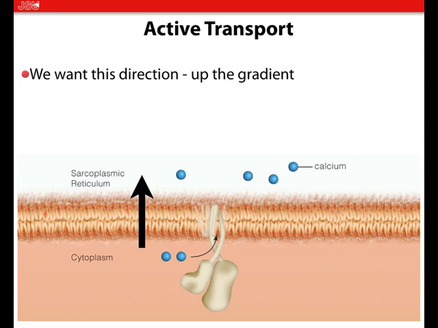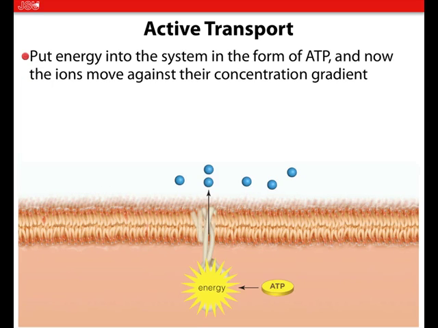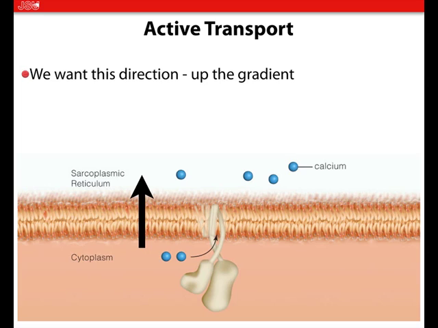Before we put energy into it, we had 4 calciums in the sarcoplasmic reticulum and 2 in the cytoplasm. We put energy into it, and then we get those 2 from the cytoplasm into the sarcoplasmic reticulum. This is very important when we talk about membrane physiology, but for now, what you need to know is this: active transport uses energy.